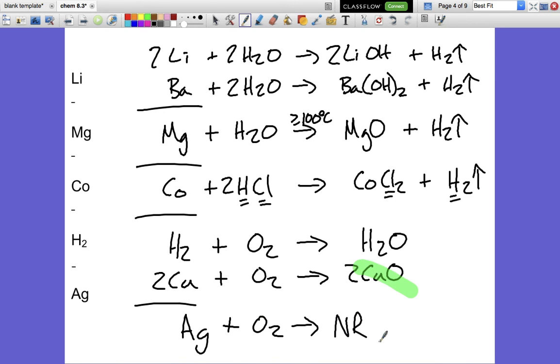It generally doesn't react. The only thing silver can do is displace platinum or gold because it's technically higher than those 2 things in some compound. Otherwise, silver is fairly unreactive and probably won't do any of the things that we're talking about. So just be ready to put a no reaction for any of those options.